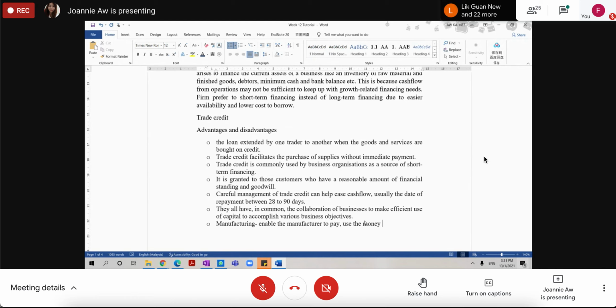Like this, giving an example. That's the advantage, in describing the manufacturing aspect.